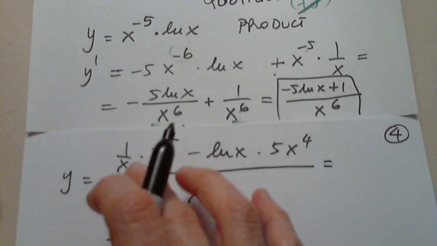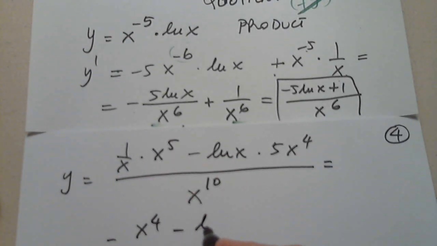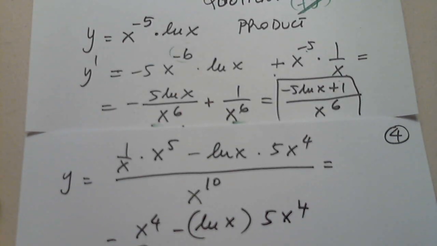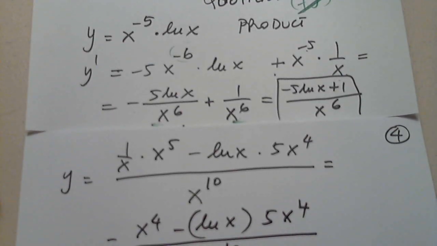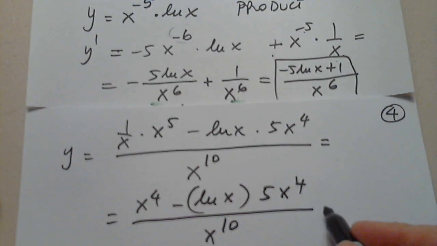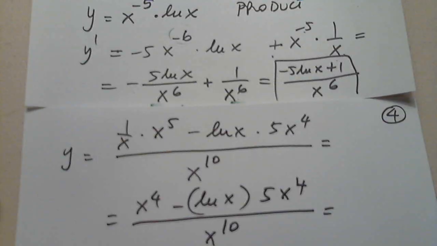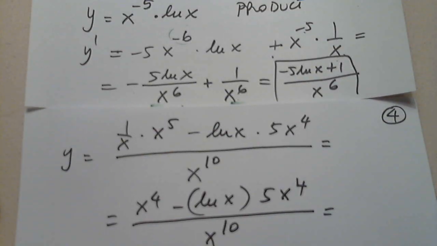So when I simplify, I have x to the 4th minus natural log x times 5x to the 4th. Now I have no choice. I have to factor out x to the 4th and simplify with the denominator. So 1 minus 5 natural log x over x to the 10th. And now I have to simplify, and I get back what I obtained with the product rule.